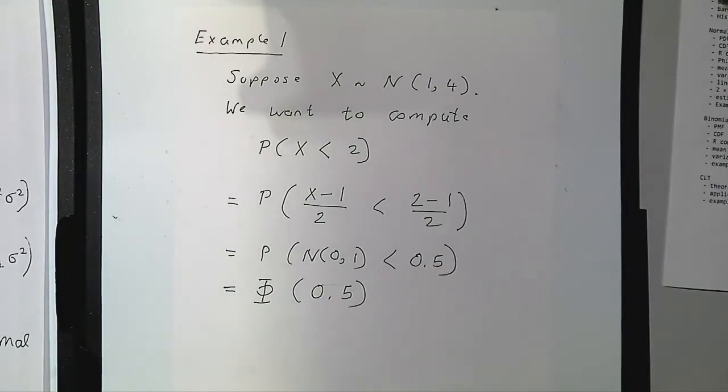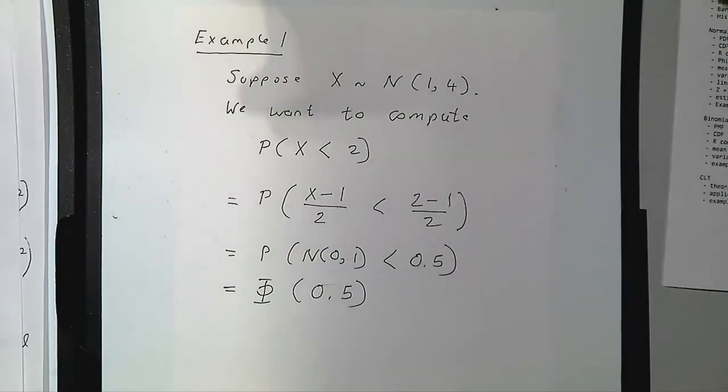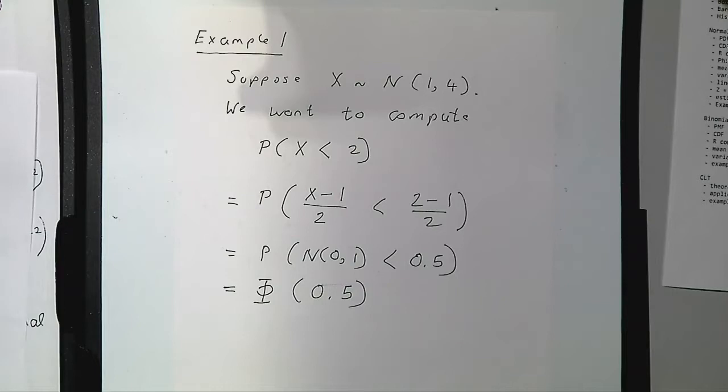Now to read this value, when you go to the exam, you will be given a table like this. I don't know whether you can see this, guys. Can you see it or not? Maybe better now. You'll be given a table like this, which contains values of phi. So for example, if you want to read 0.5, all you have to do is go along this column here.